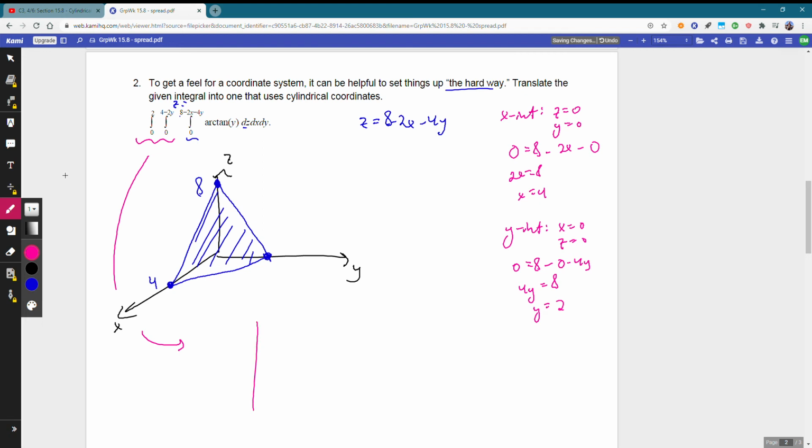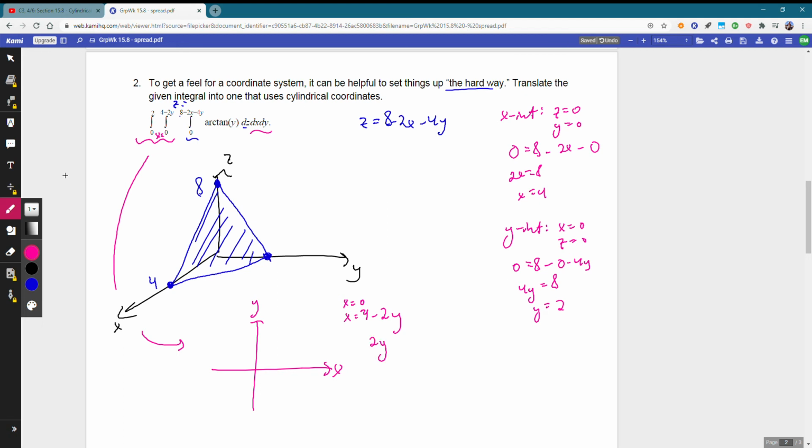So the other limits are in terms of x and y. Our limit here tells us to start x at 0 and move it to 4 minus 2y. This is a little bit awkward in that form. We like y equals, so let's switch this around.